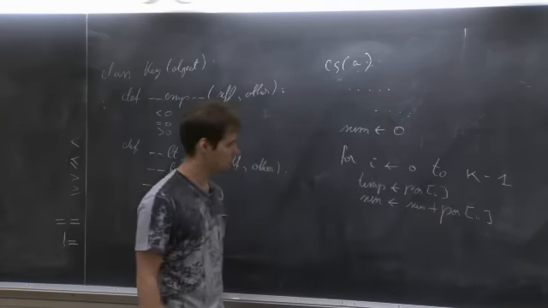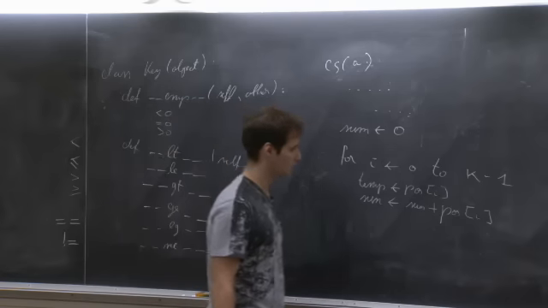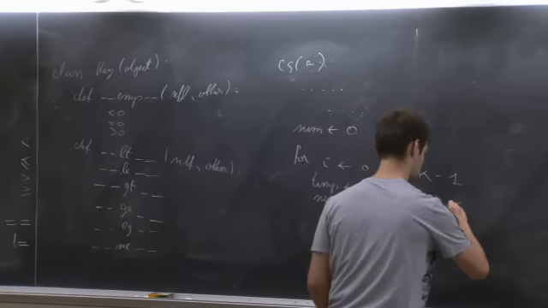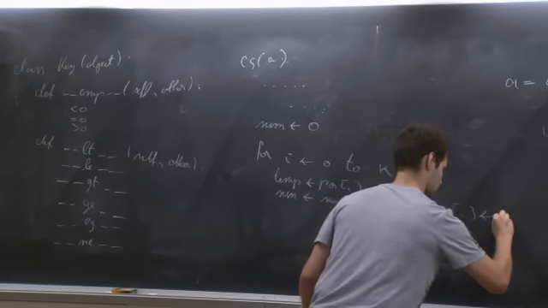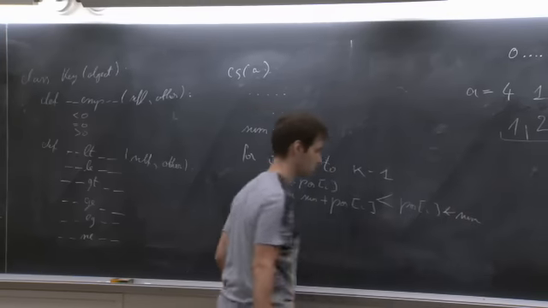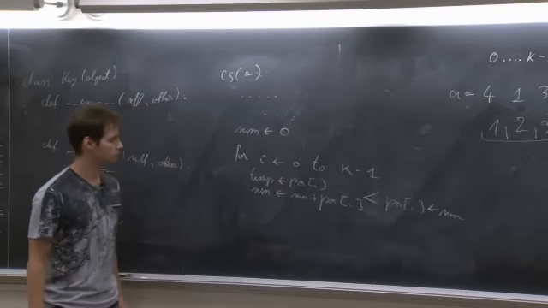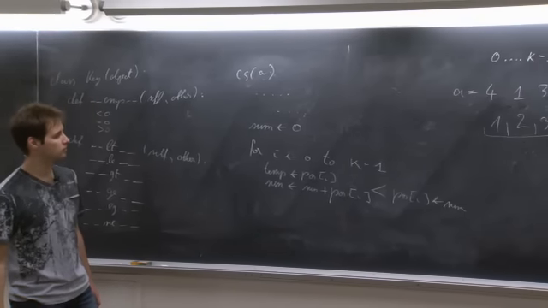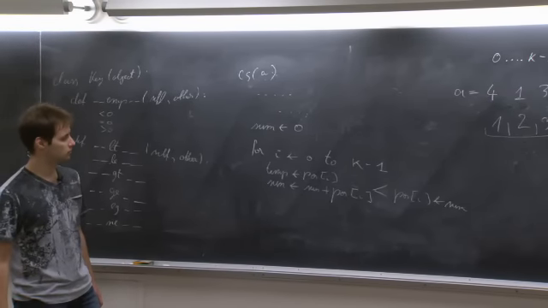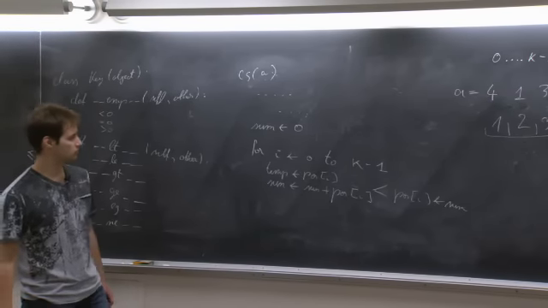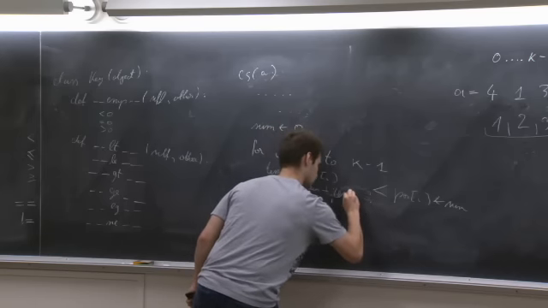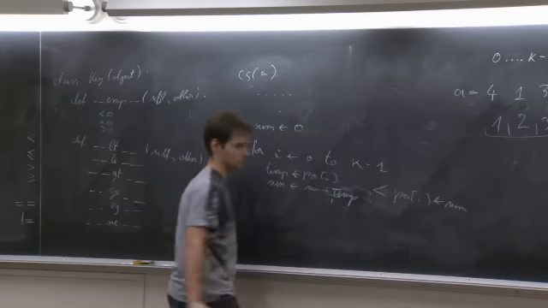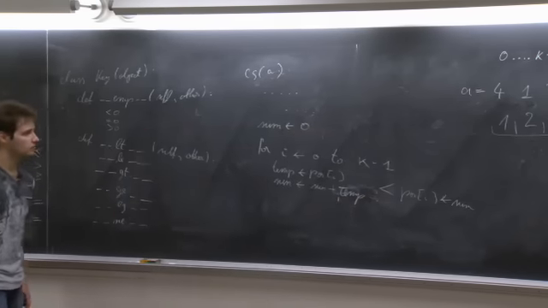Then say pos i is sum before incrementing sum. No, that's not going to work. Really? You have to say then sum is sum plus temp. Okay. That is going to work. Probably.